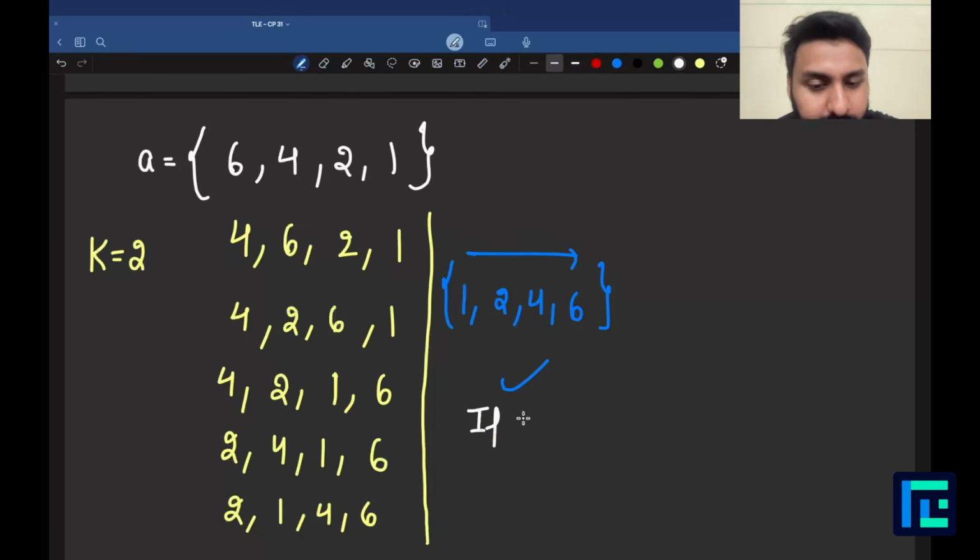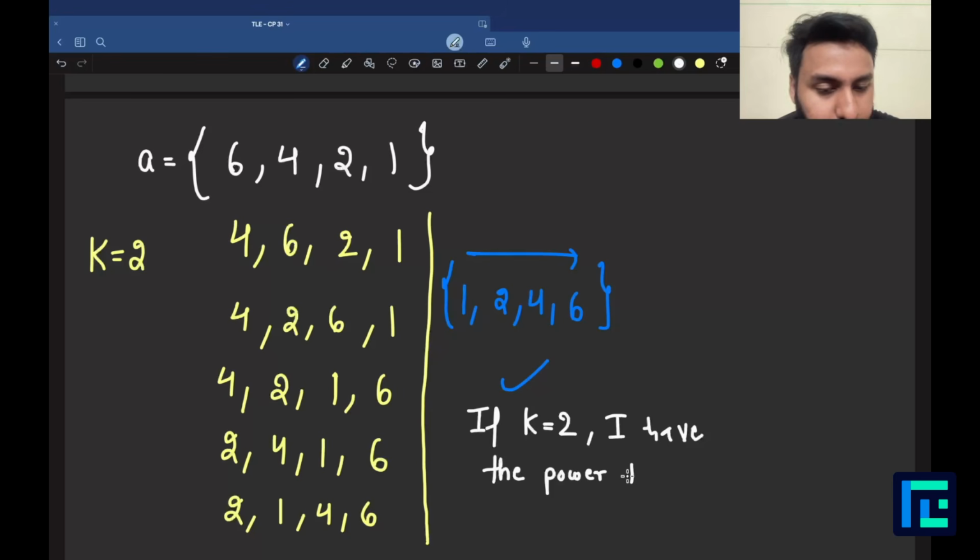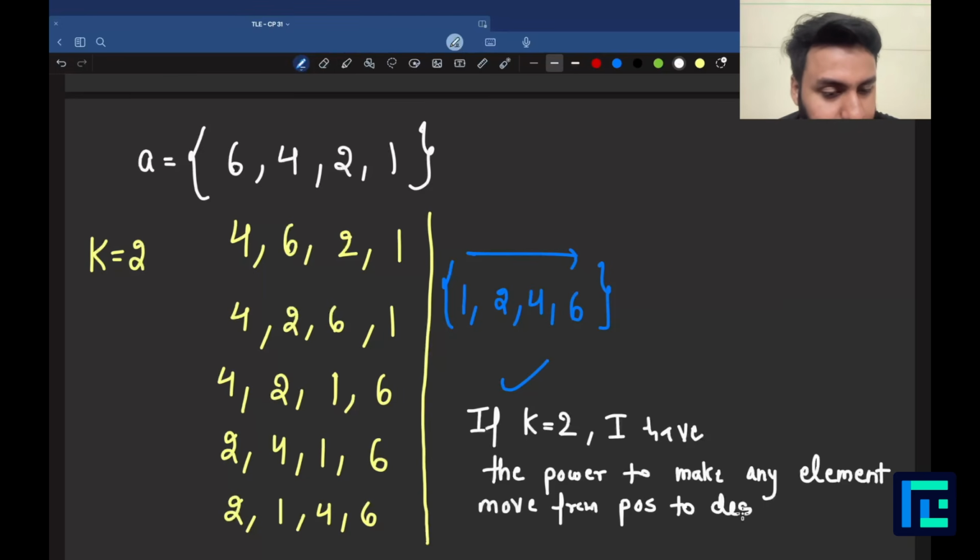If k equals to 2, I can say I have the power to make any element move from the current position, let's say I'll call this pos, to the desired position. All right, this is the main idea behind this problem, right?